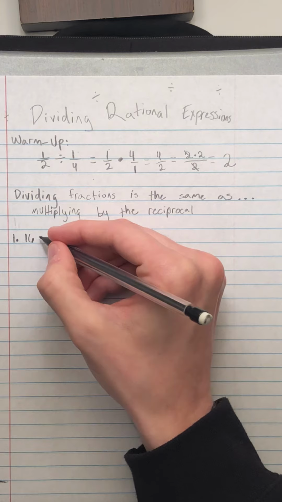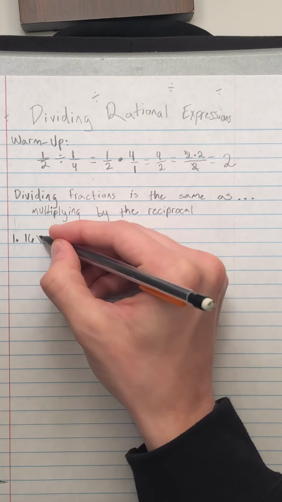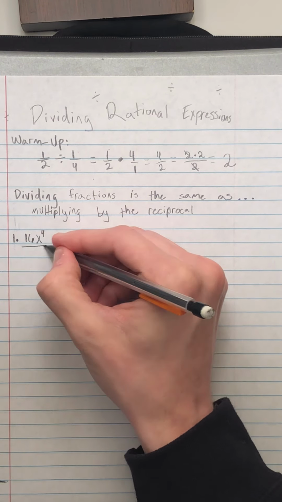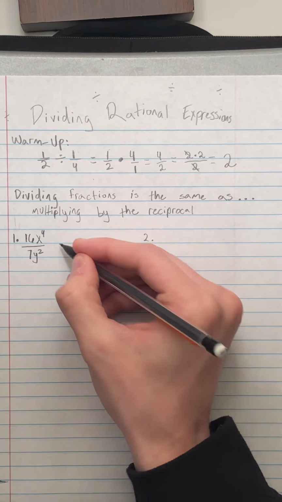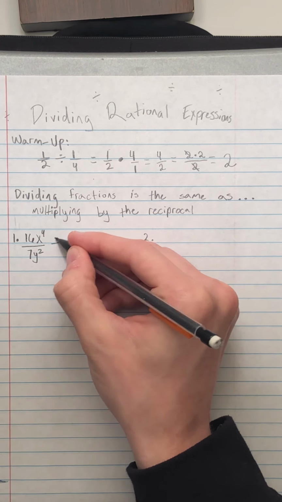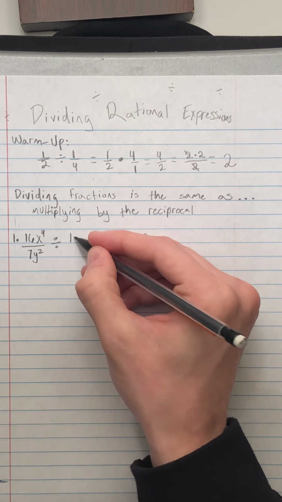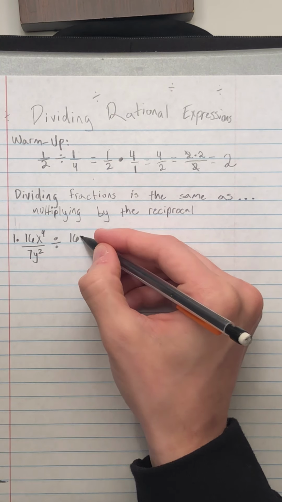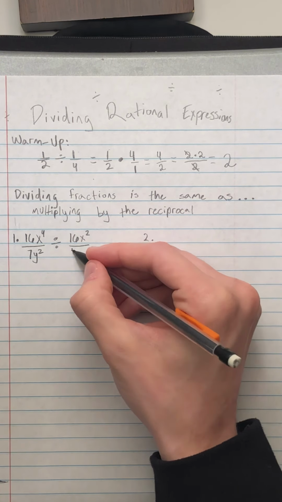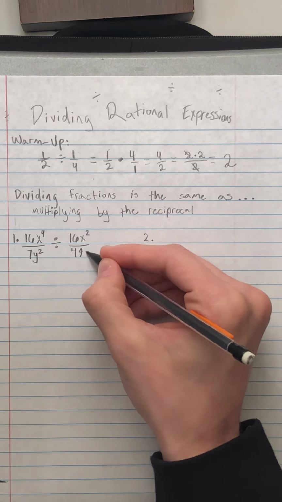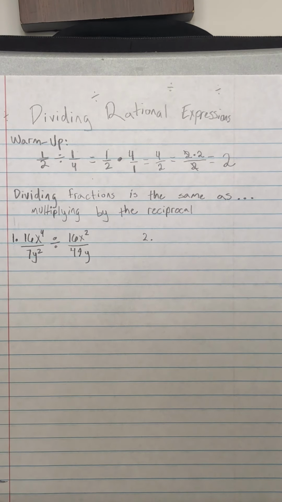So I have 16x to the 4th over 7y squared divided by 16x squared over 49y. Okay? So the first thing I'm going to do is the first thing we did up in our warm-up problem.